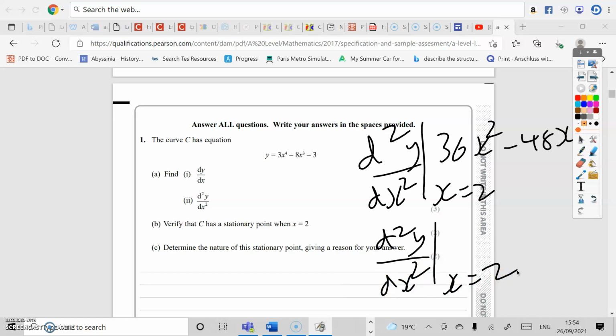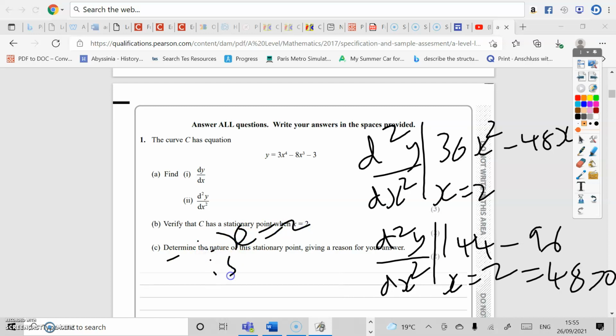Got 36 lots of 4, which is 144 minus 96. So I have 48, which is positive. Therefore, x equals 2 is a local minimum. Okay, that's how we can do part C.